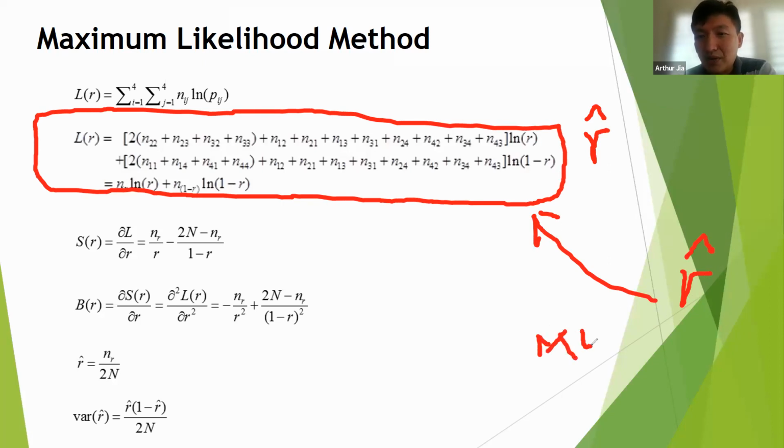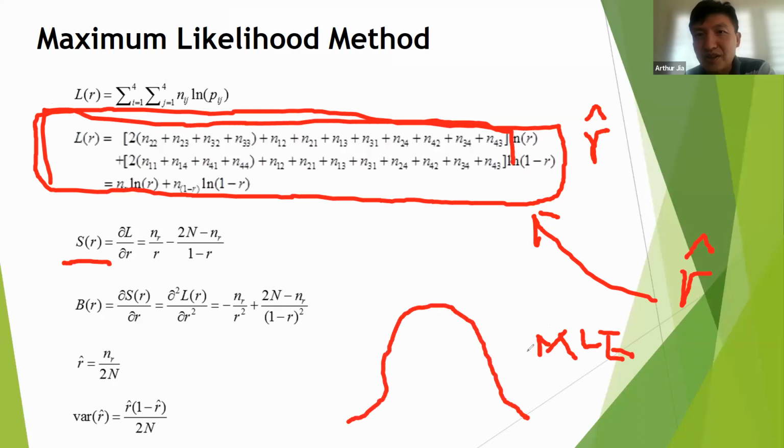So then we do the MLE. This is what we learned last time. We just take the first derivative of this, right? This distribution should be something like this. If we take the first derivative and set it equal to 0, this gives us a slope of 0 for this curve.